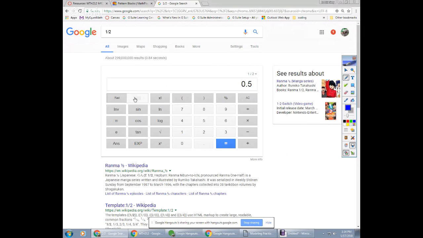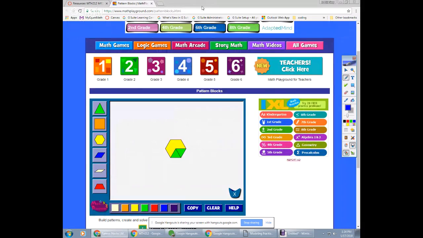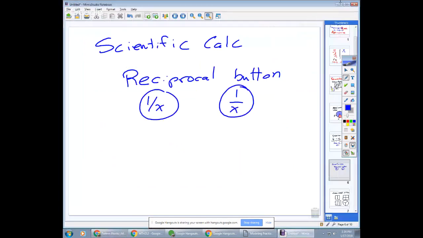Oh, I forgot, for some reason the Google calculator stopped working in my version of Chrome on this computer. It's kind of weird. Oh well, I don't see the 1 over x key here, but most scientific type calculators have that.